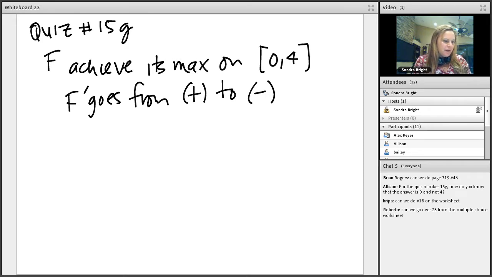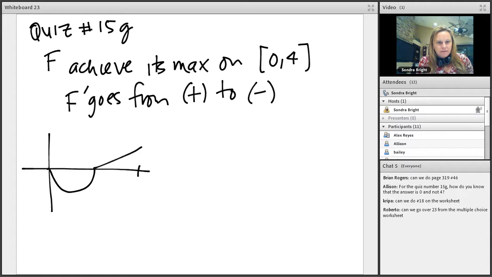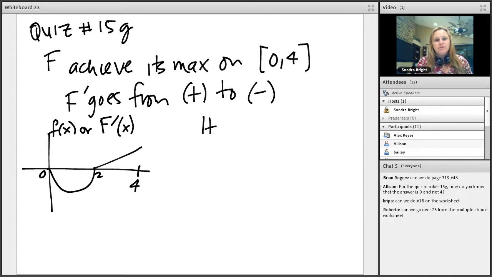And the graph that was given to you looked like this, where that's 4 and that's 2 and that's 0. They told you it's f of x, but then you also figured out that this is also big F prime. So when does big F prime go from a positive to a negative?